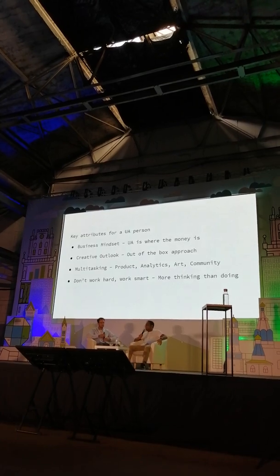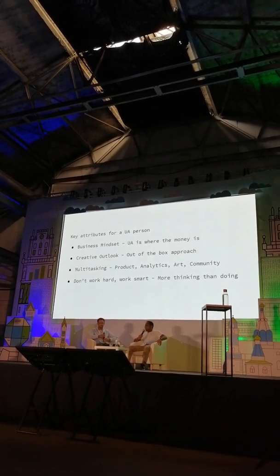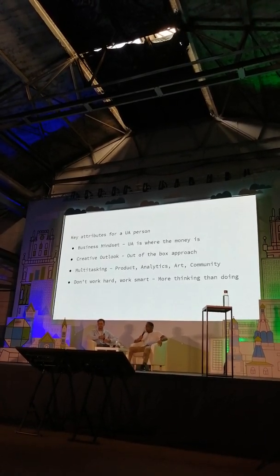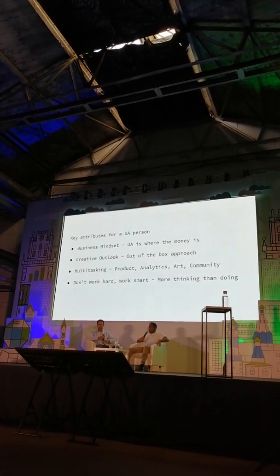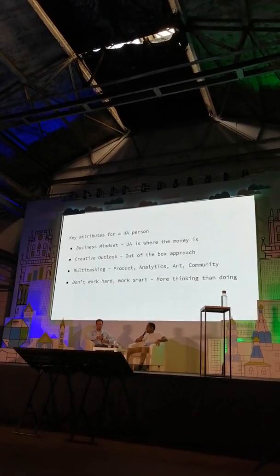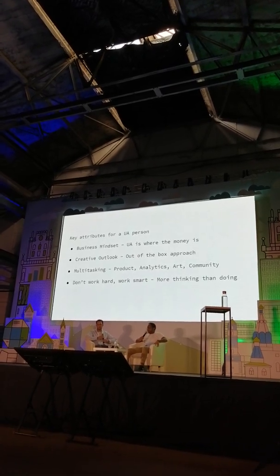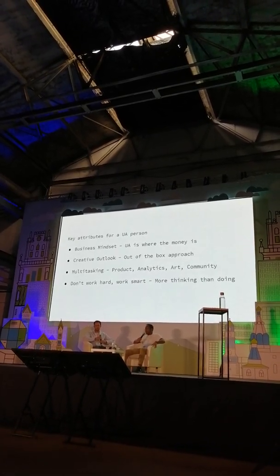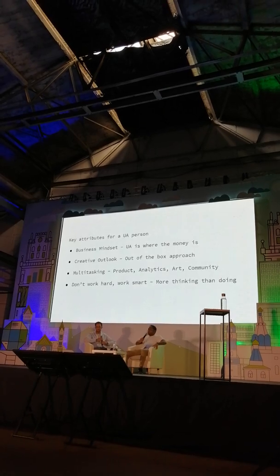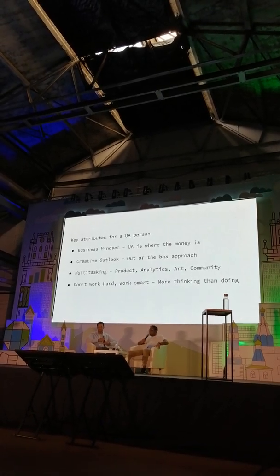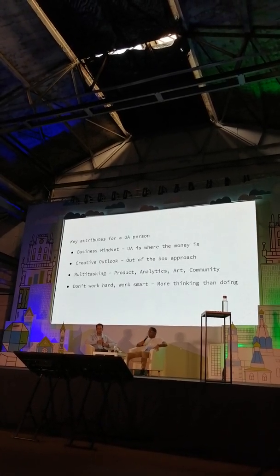The UA person is going to be the one spending a large proportion of the company's money. I think most games businesses spend around 35% of their revenue on UA. That's crucial because it's going to be driving the revenue and profit of the company. So a very analytical person is required for a good UA manager.